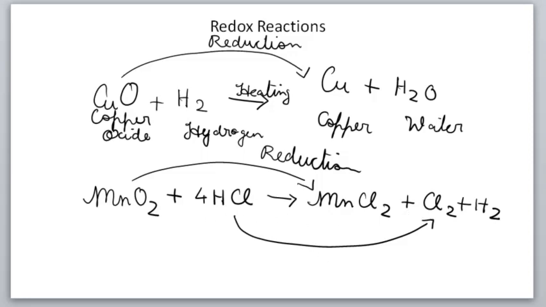So removal of hydrogen is oxidation basically. So here oxidation takes place. So the definition of redox reaction: redox reactions are reactions in which oxidation and reduction take place simultaneously. So those are redox reactions.